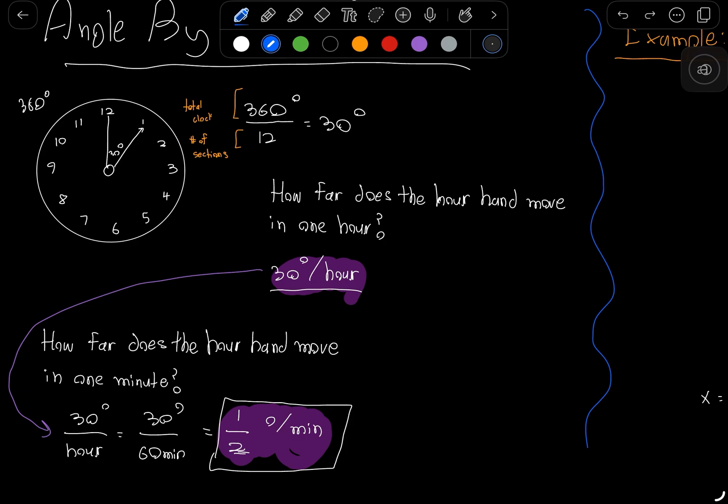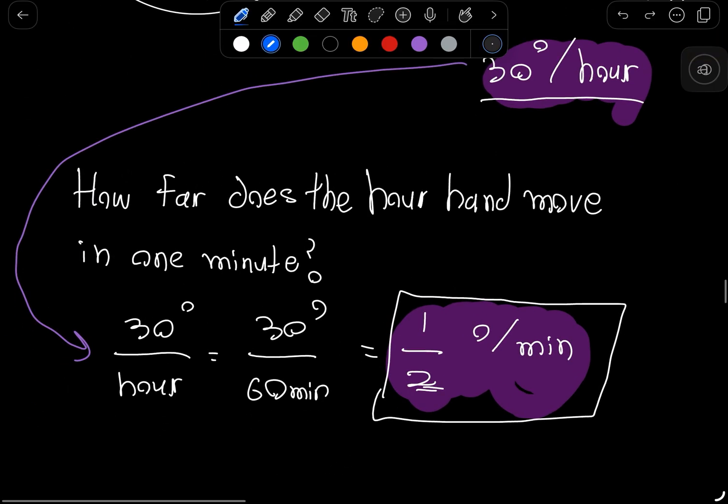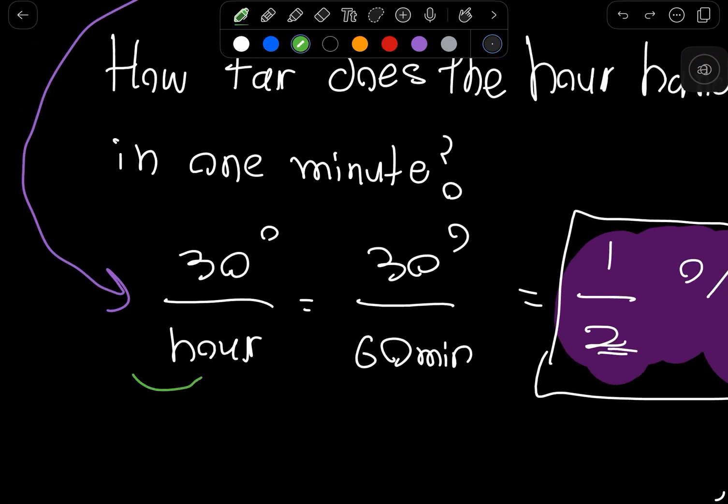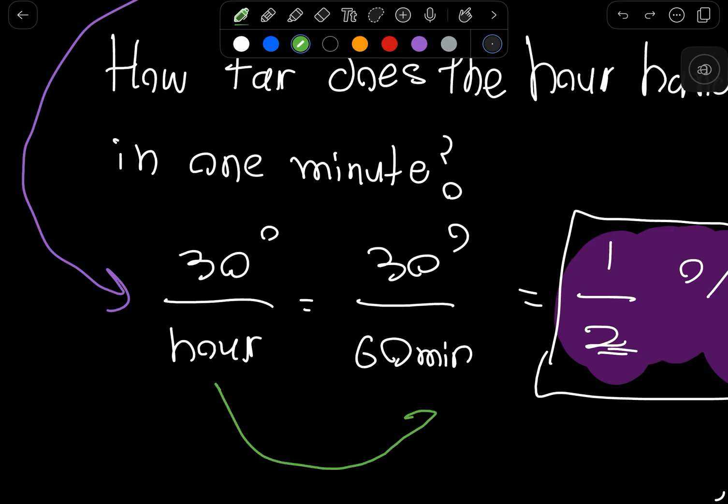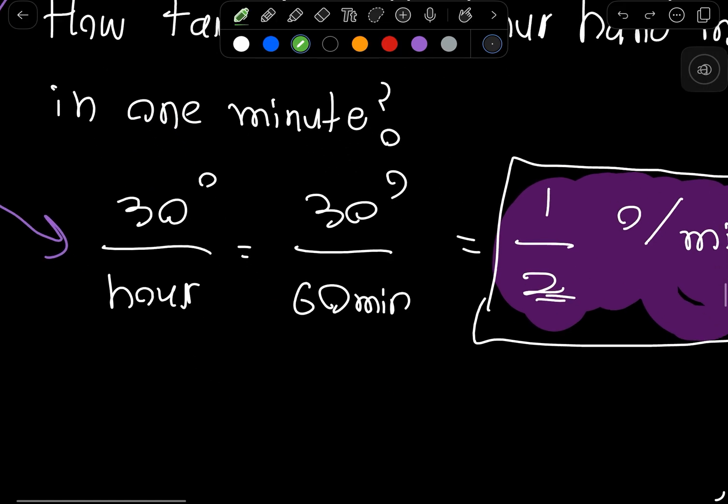And how far does the hour hand move in 1 minute? It might seem hard at first, but all you do is use the previous ratio we just found. We found that 30 degrees is how much the hour hand moves in 1 hour. You know that 1 hour is 60 minutes, and remember, this is the time minutes, not the degree minutes.